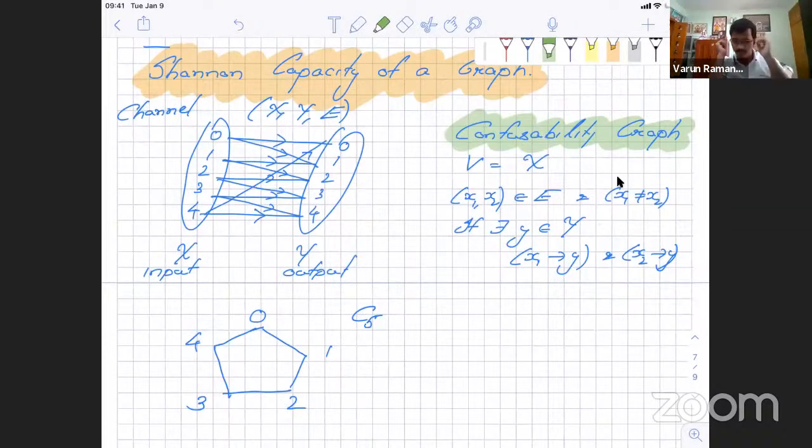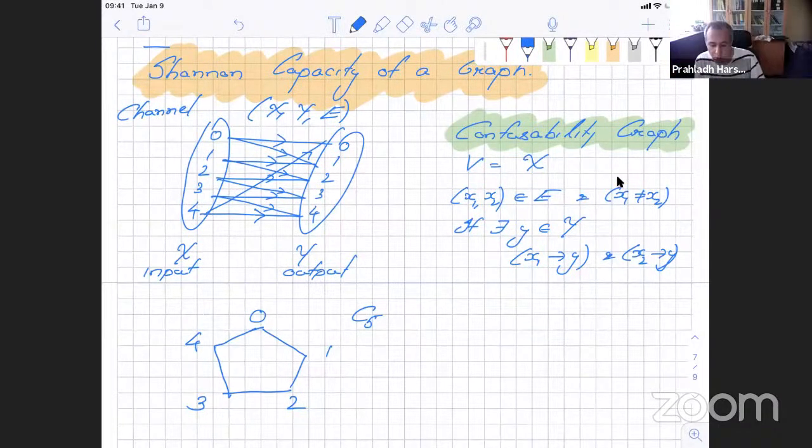So here the confusability graph is telling us that if you are getting 0 as an output, then it could have been either 0 or 4. No, I put an edge between two input alphabets if I can get confused between them, if there is an output alphabet that arises from both these input alphabets.